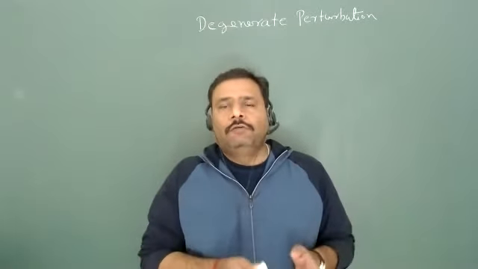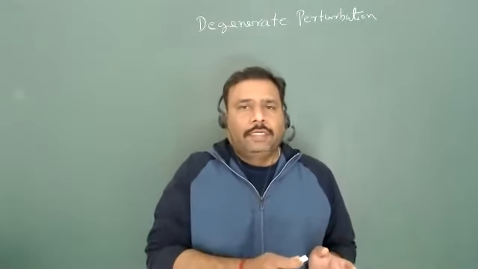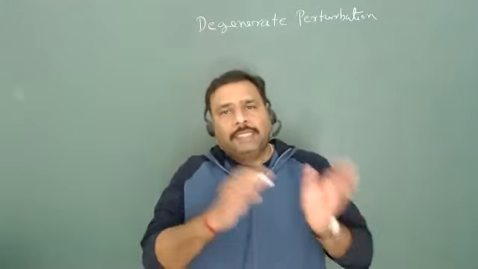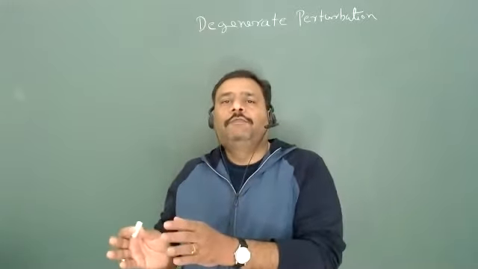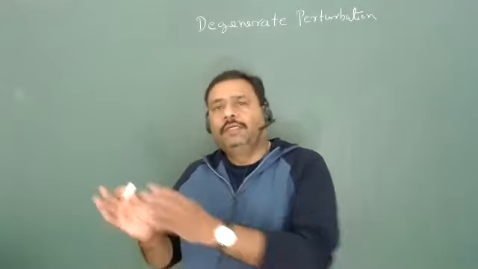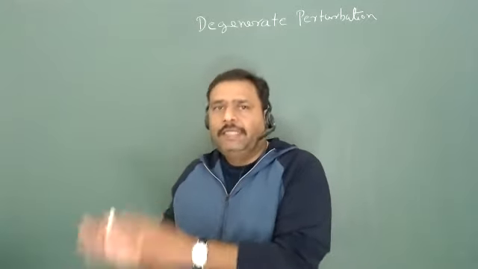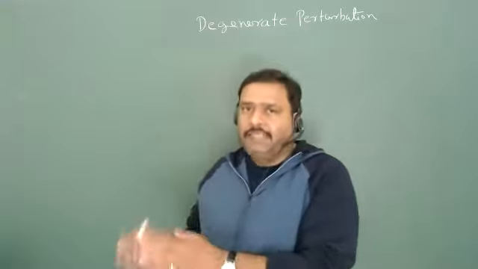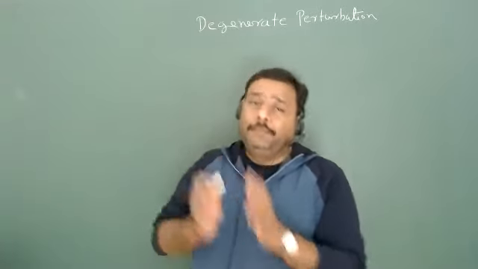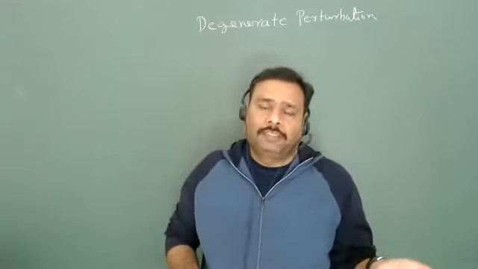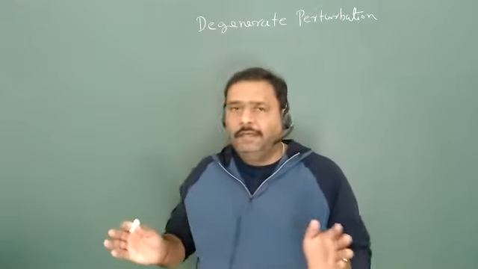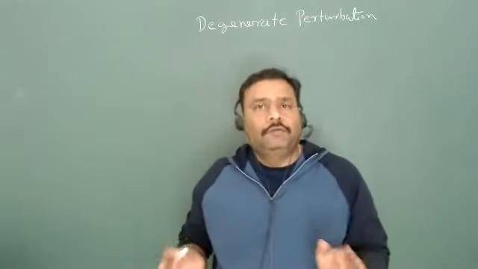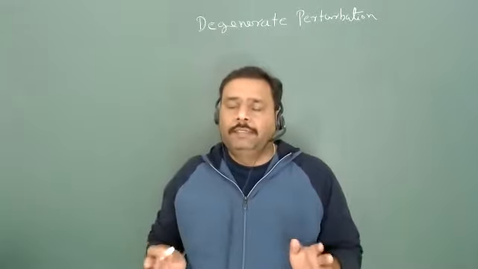Once we do this, we have to change the nature of matrix W to W dash. So W dash is the matrix of W written in a basis in which H naught is diagonalized. This is one of the very fundamental things you have to always keep in mind.